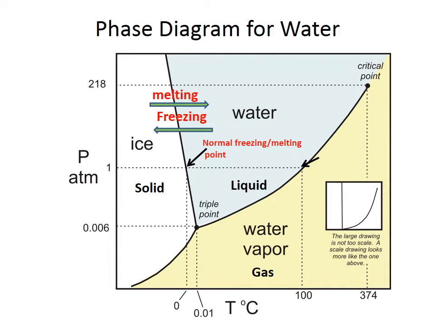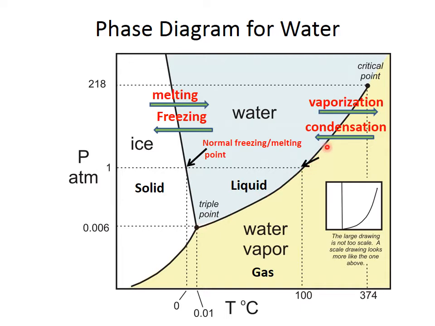And then we have changes where we go from liquid to gas, which is called vaporization, or we go from a gas to liquid, which is called condensation. So this line here represents the point at which the water exists in equilibrium as a liquid and as a gas under these conditions of temperature and pressure.